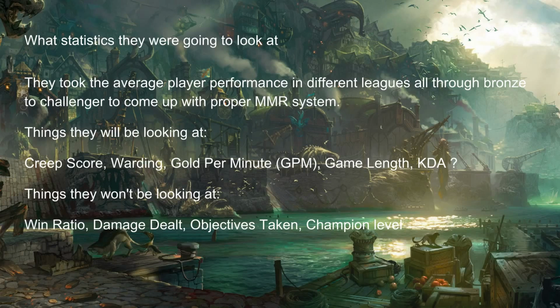The next thing is objectives taken. The reason this isn't there is primarily the neutral objectives, and also a little bit the turrets, because if someone else took the turret, you probably wouldn't get credit for actually taking it. That's one of the reasons they don't want objectives taken. With neutral objectives such as Dragon and Baron, if it was stolen, it would go to the other team.